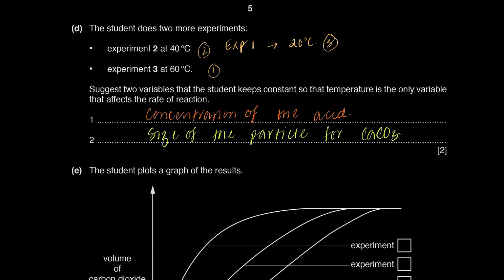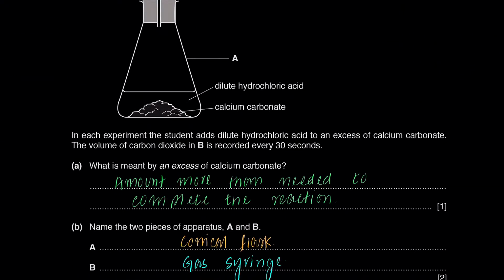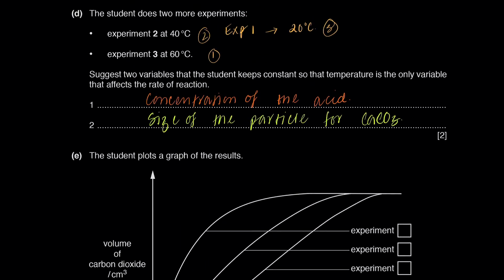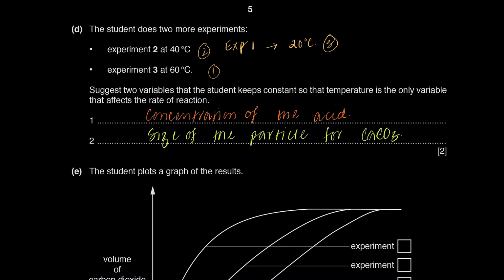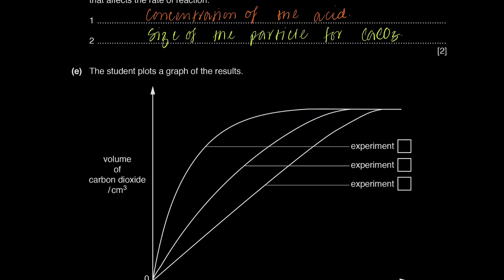But let me go back here. Excess of calcium carbonate. So I think what Javaria was saying, I think she said volume of hydrochloric acid would be a better answer, the amount of acid used, moles of acid. Actually, the moles of acid could also be higher.